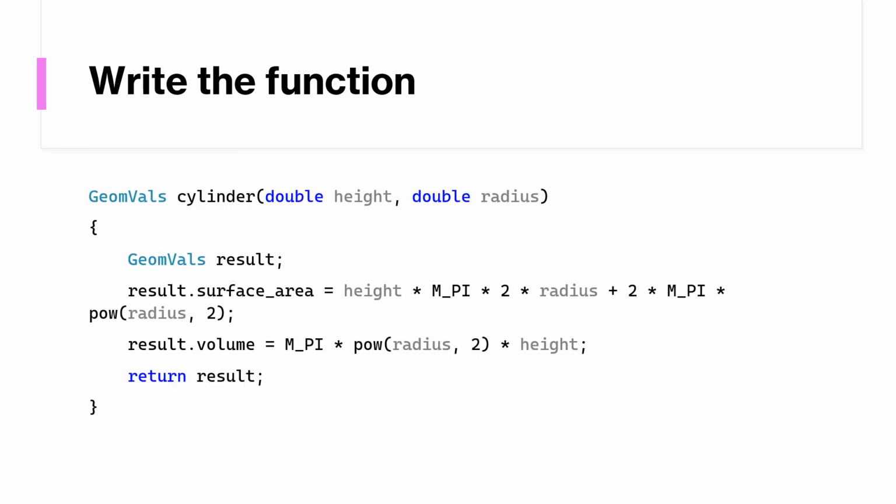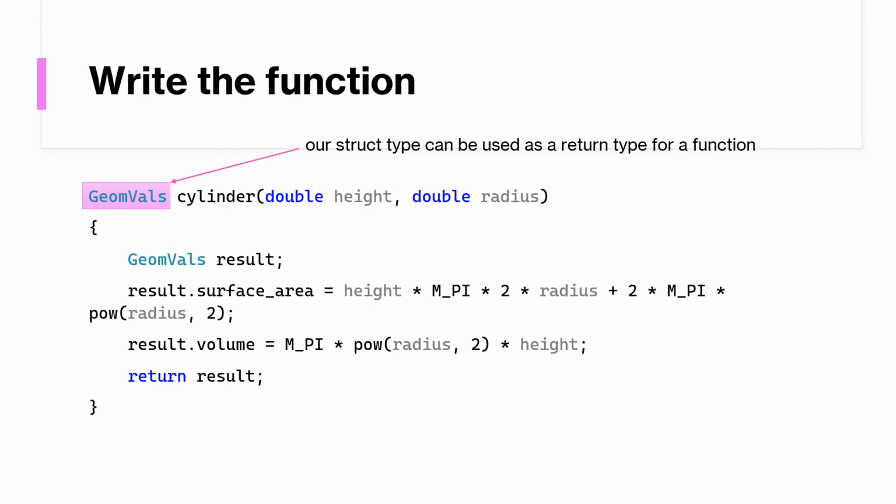And then I define my function. So GeomVals cylinder, it takes height and radius as parameters. And then it does my calculation. So a couple of things to notice here. Our struct type can now be used as a return type for a function.